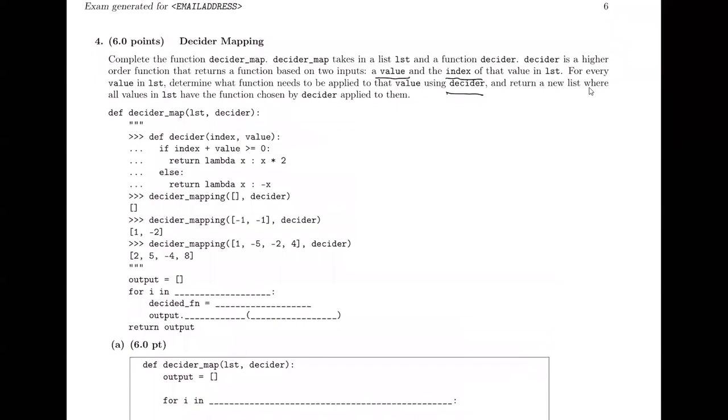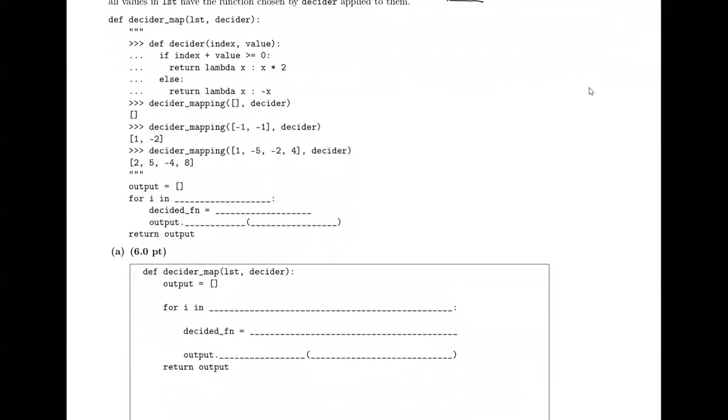We know that decider is going to need to take in the index of every value in the list. So thinking about that, what we can do in this for loop is for i in range length of list. What this will do is allow us to get every single index in LST, which we can then later use to get every single value in LST.